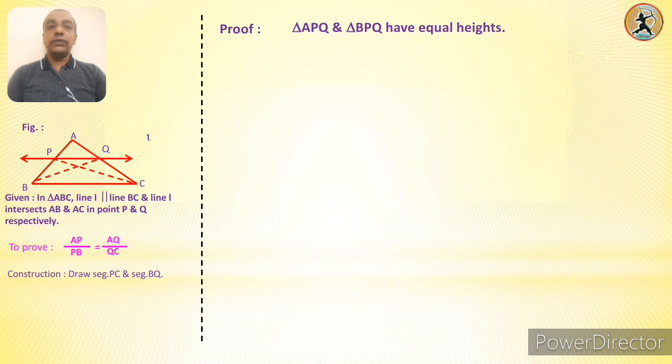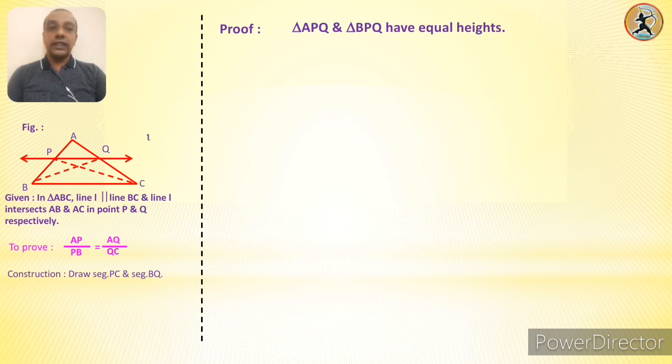So if the heights of these two triangles are equal, the ratio of areas of these two triangles is equal to the ratio of their corresponding bases. We just learned this property in the previous slide.